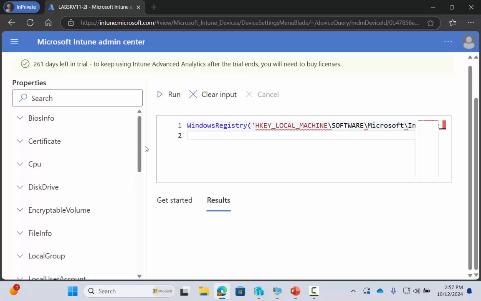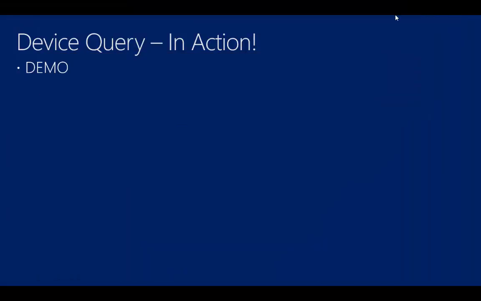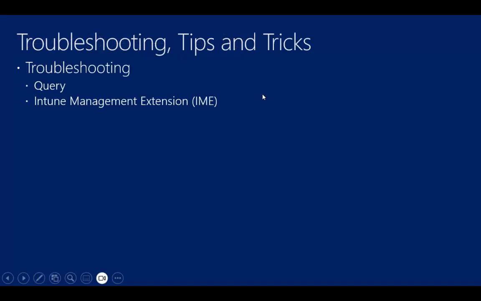All right. So let's minimize the portal and continue on for just a minute. So in terms of, again, focused on device query, in terms of tips and tricks, right? Just be aware in your query, right, there are some limitations. You're not going to see them here, right? But there are some limitations. You can get some really, really complex queries.